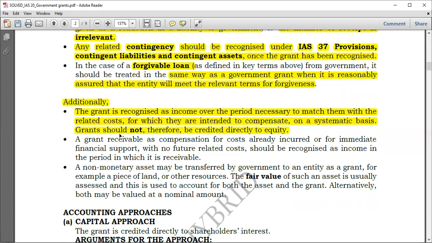But if the government gives you the grant, you do not take it directly to capital. That's what we are trying to specify here. That's why there are different approaches, but we usually use only one approach. That's what we'll see down here.